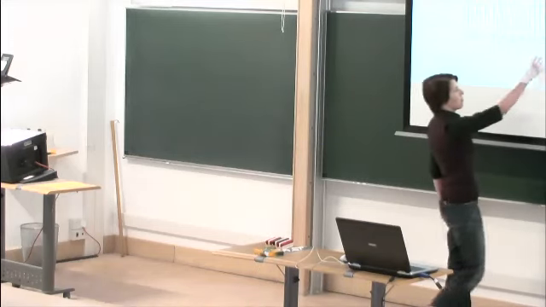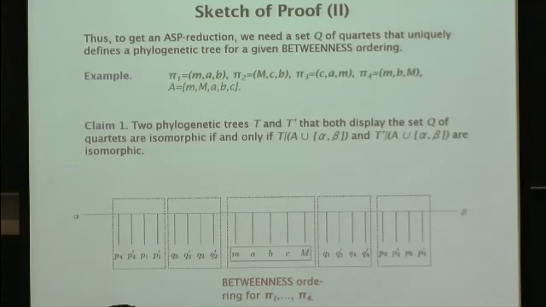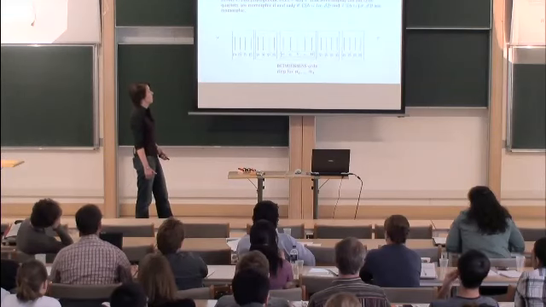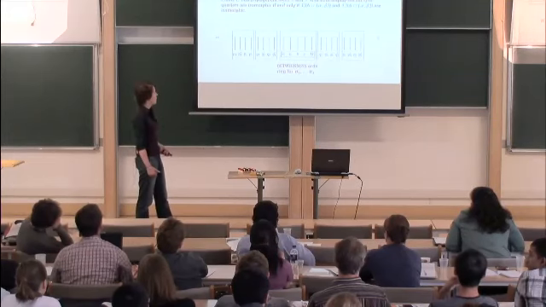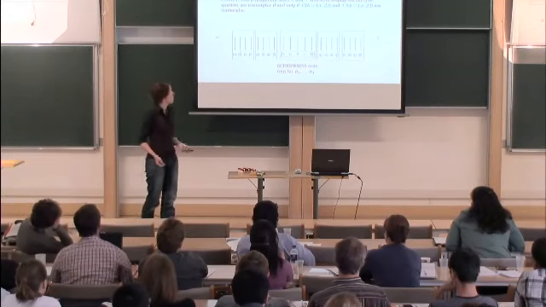So this part of the tree here actually gives you the betweenness ordering. And if this part of the tree differs, then you know the betweenness ordering is also a different one. So this is now good news because we know that if the betweenness ordering is a different one, then we also get a different tree.